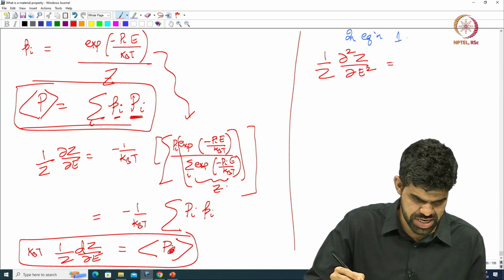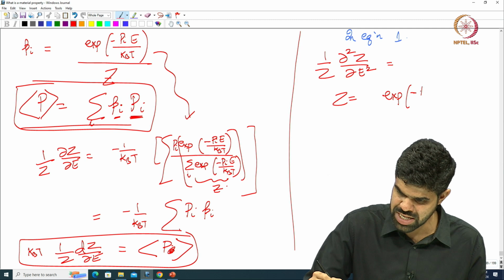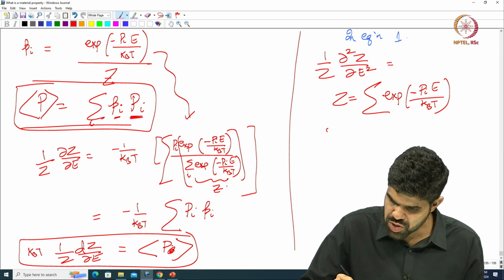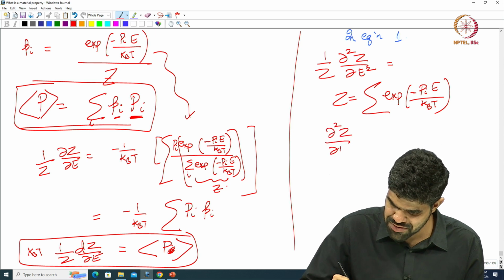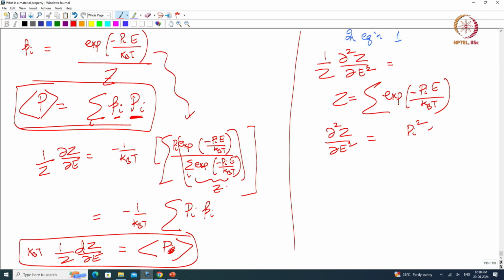Again, let us go back to Z equal to the sum of exponential of minus P_i E by k_B T. For dou square Z by dou E square, what we get is P_i square exponential of minus P_i E by k_B T, and again 1 by k_B T comes out, sigma of that.